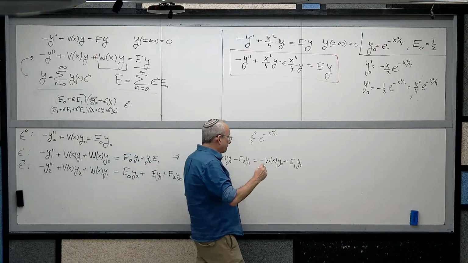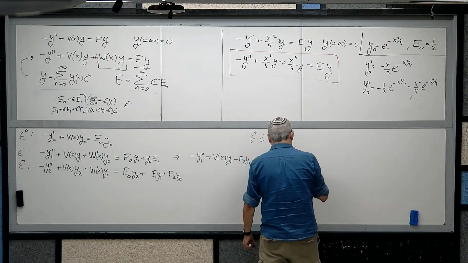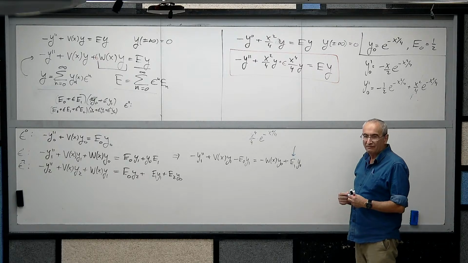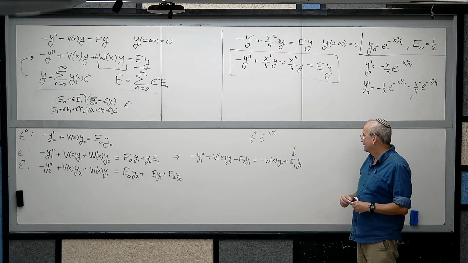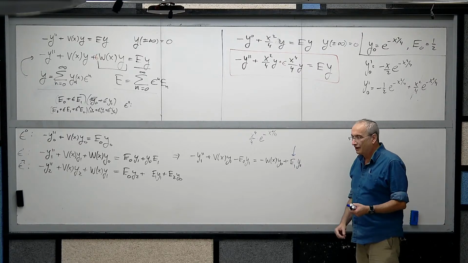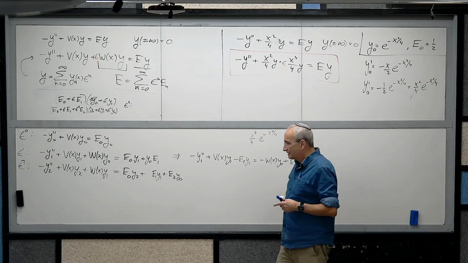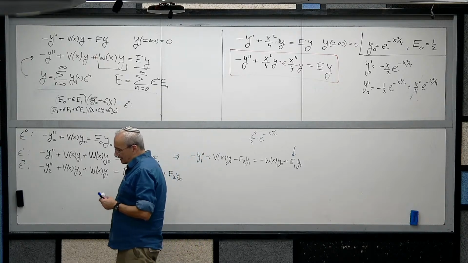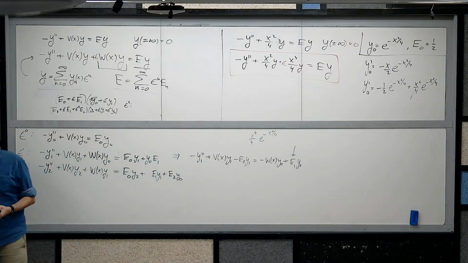Why? First of all, because we don't know what E1 is. We have a parameter, and that parameter is the thing that we want to find. Even worse, how does one solve a second order differential equation?